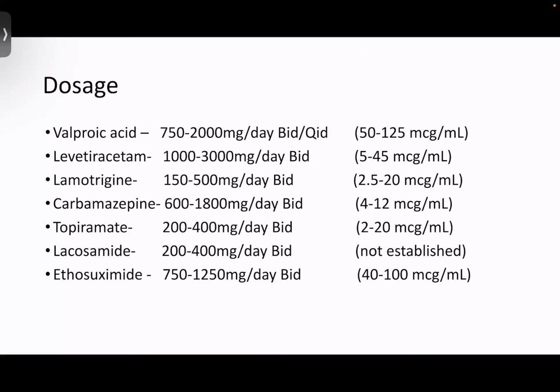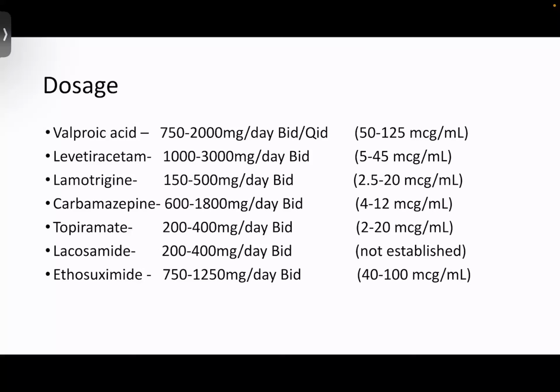So these are commonly used dosages of anti-seizure medications. Valproic acid, 750 to 2000 mg per day, BID or QID can be given. The values which I mentioned within the bracket are the optimal serum levels of these drugs.